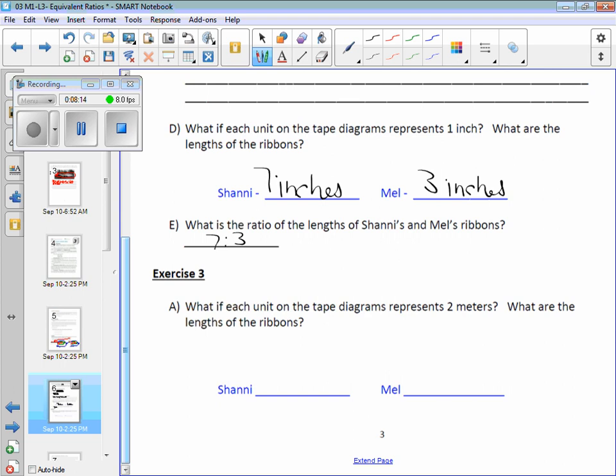Ready? Here comes the twist, sort of. Now I'm going to tell you, each box is no longer 1 inch. Each box is now 2 meters. If each box is 2 meters, now what's the length of Shani's and Mel's ribbons?